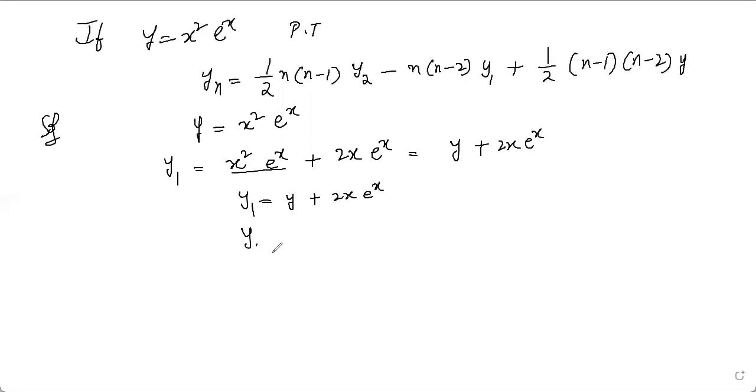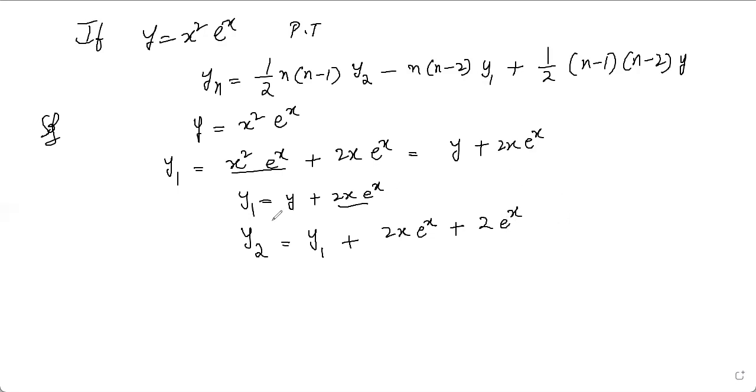Now let us find y2. Now this would be y1, and let us see about this. So this will be 2x into e to the power of x and 2 into e to the power of x.